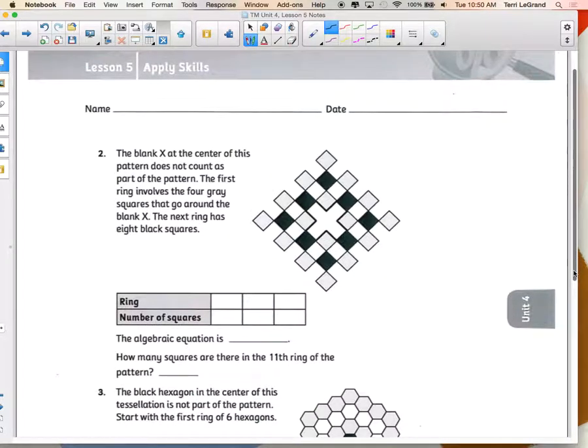Read that to yourself. We're going to do something a little bit different this time with our highlighter, so don't jump ahead of me.